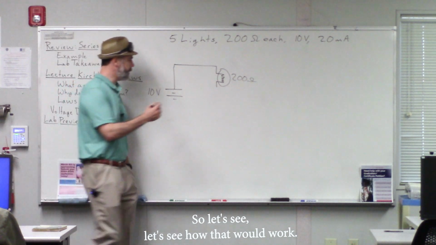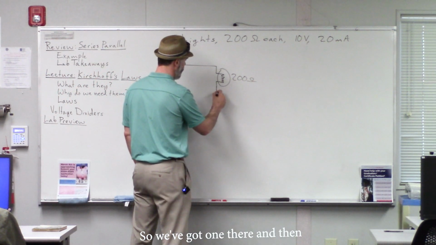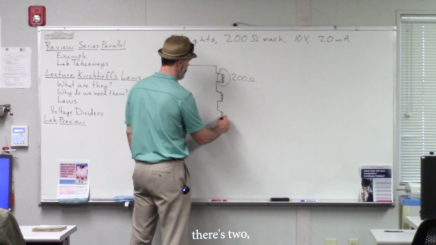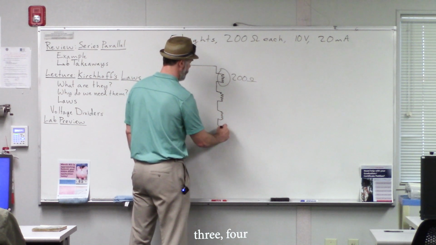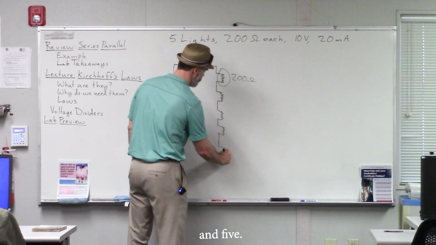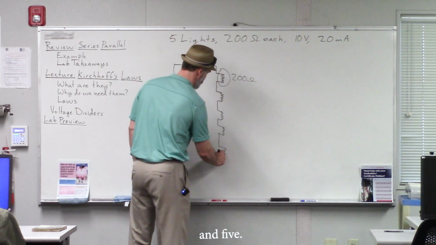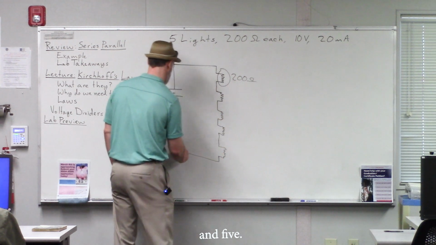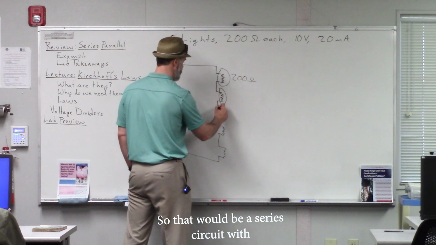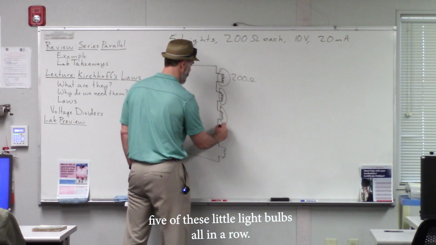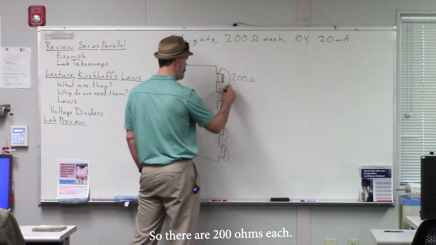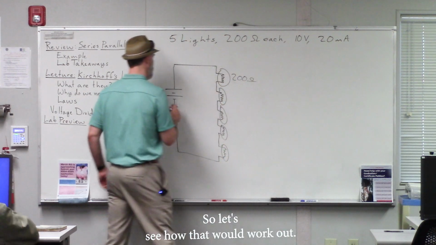So we got 1 there, and then there's 2, 3, 4, and 5. So that would be a series circuit with 5 of these little light bulbs all in a row. So they're 200 ohms each. So let's see how that would work out.